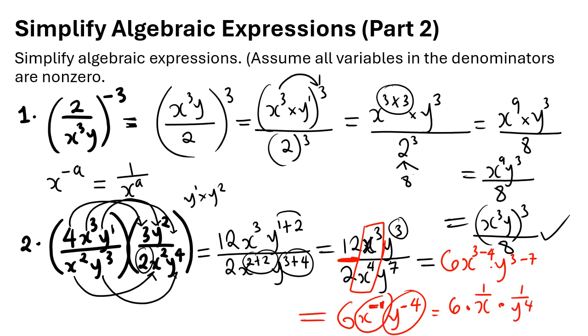And then 6 does not have a denominator, so I'll just put it over 1. So what I'm now looking at will be multiplying 6 by 1 and by 1, which is going to be 6, all of that divided by 1 times x and times y to the fourth. It will be x and y to the fourth. So this is how best we can simplify this problem.